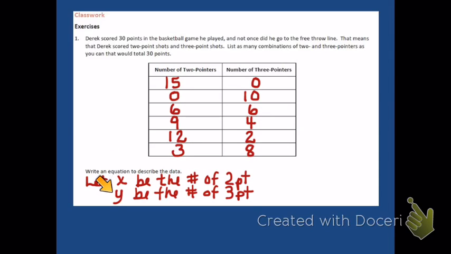And if I know the number y of 3-pointers, I'm going to multiply that by 3, add those together, and it should come out to 30. So that's what this would look like as an equation: 2 times x plus 3 times y equals 30 points altogether. That's my equation for this part of the problem.